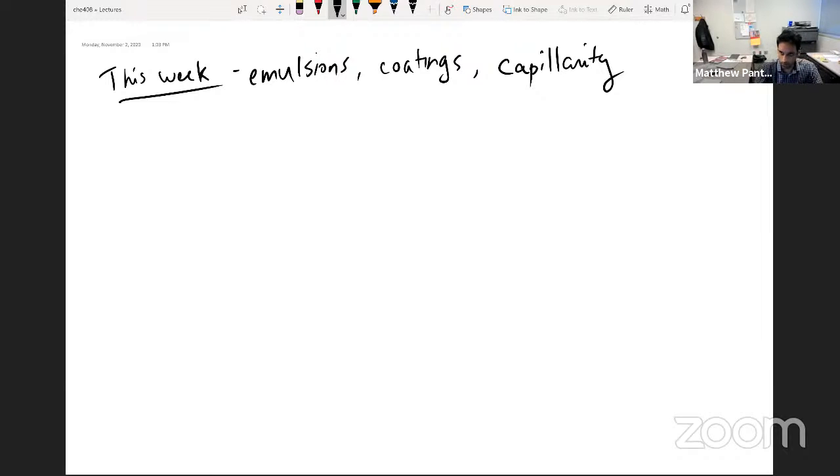So just to orient you on what we're going to go over this week, last week we were talking about surfactants and micelles. So we have an understanding of what surfactants are, how they can assemble into certain structures like micelles. And also we talked briefly about different types of effects surfactants can have on solutions or the properties of water.